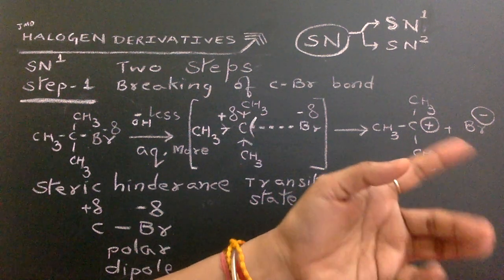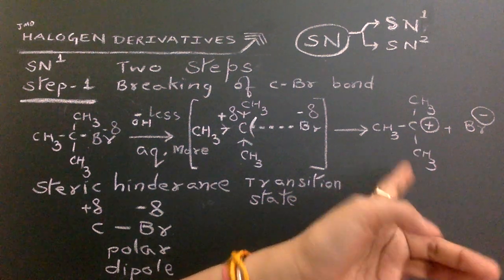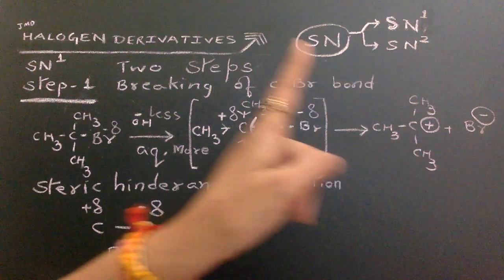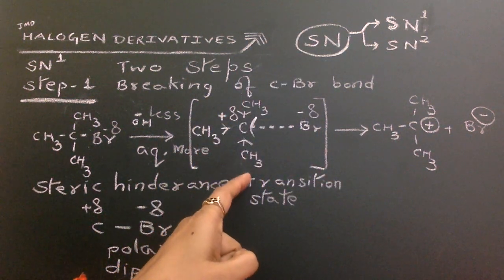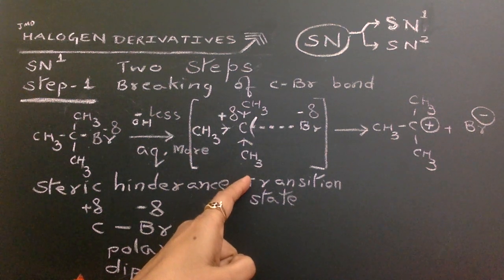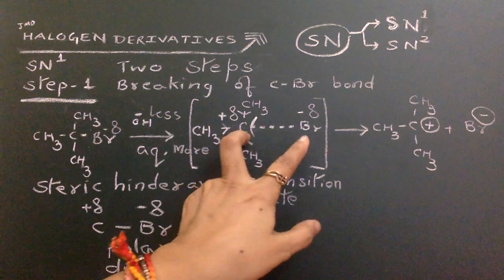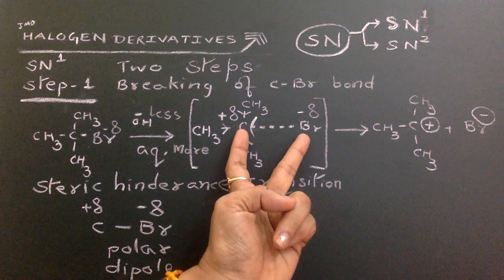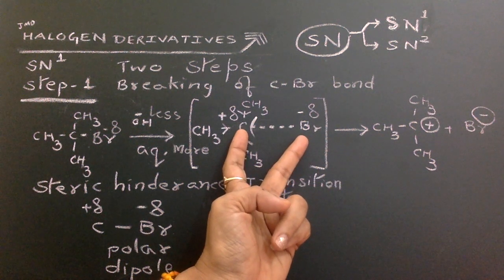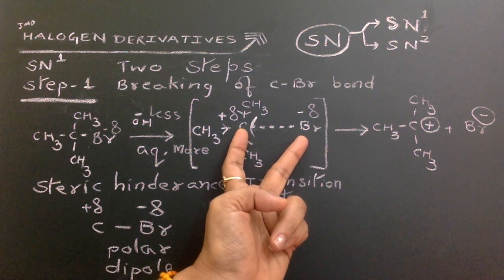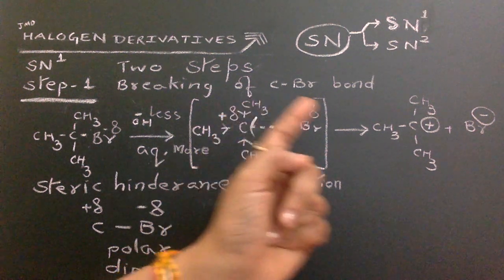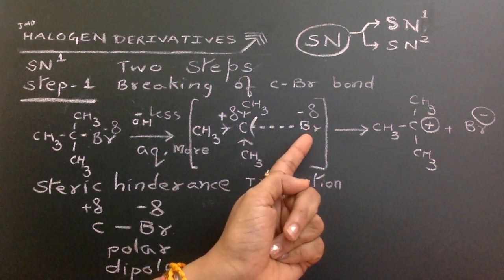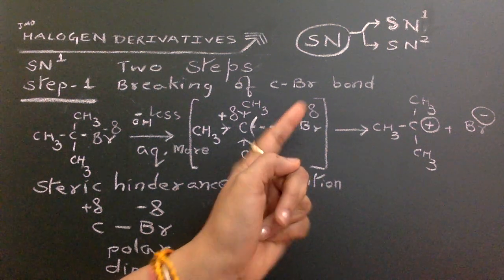But before forming the carbocation, a transition state is formed in which partial fission of the bond between carbon and bromine takes place, in which the carbon acquires a partial positive charge while the bromine acquires a partial negative charge.